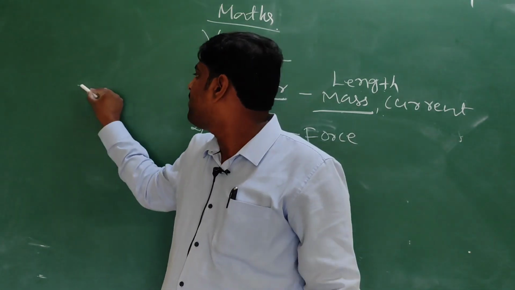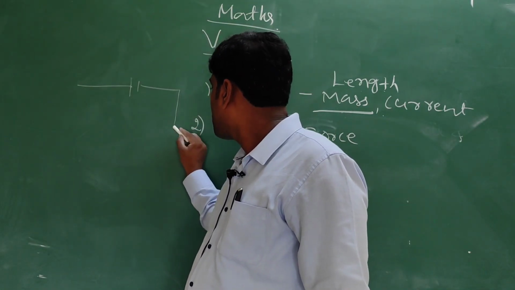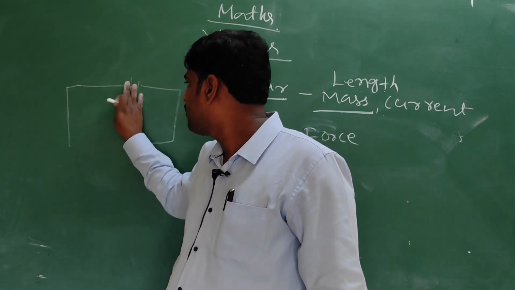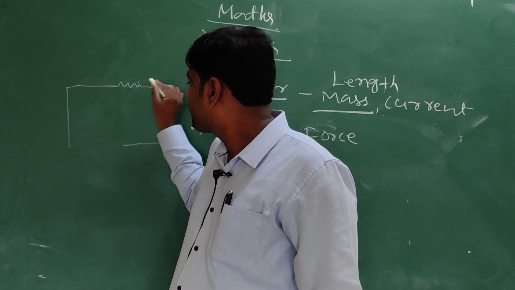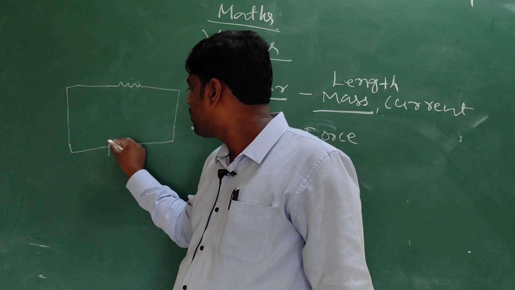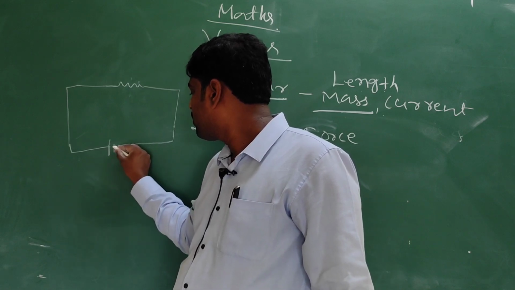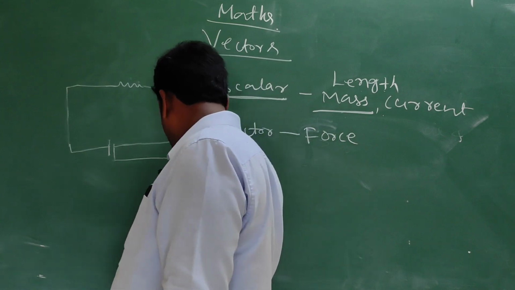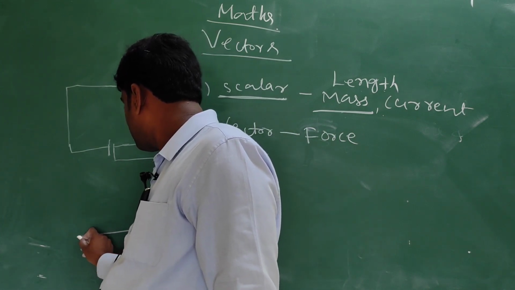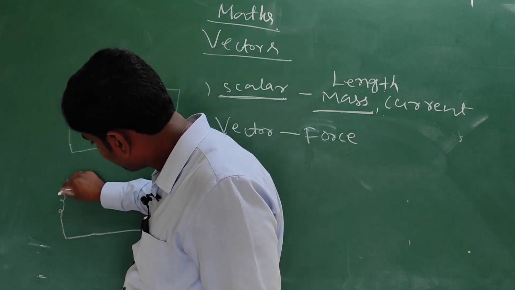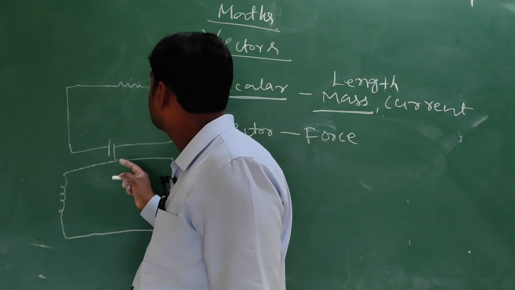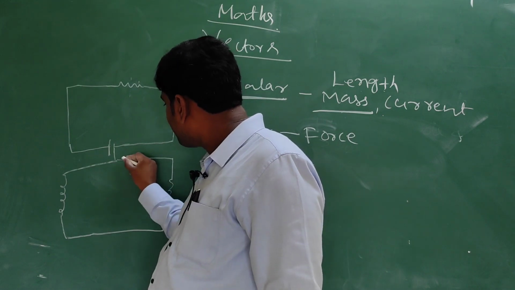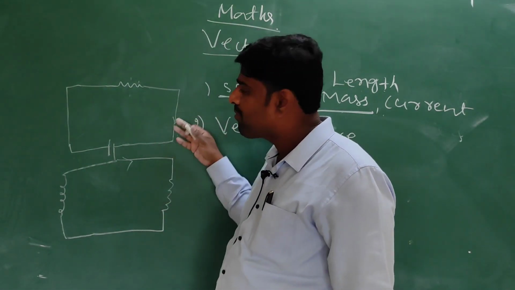Suppose I draw a circuit diagram. The current flows in this direction, and the direction changes again here, but there is no definite direction.